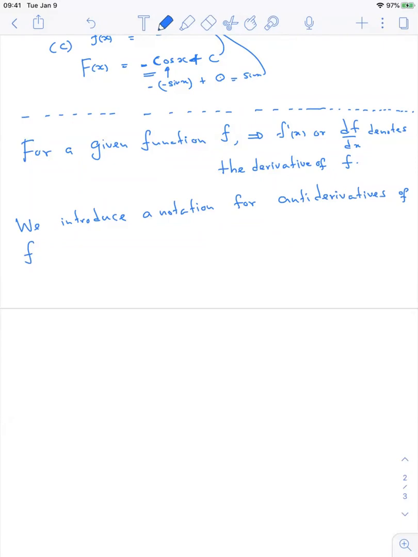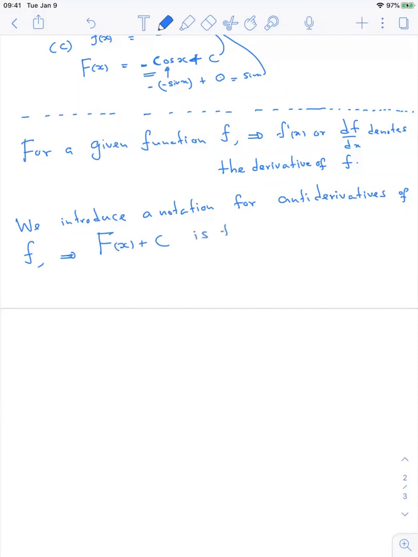Now what we know is that F(x) plus c is the antiderivative of the simple function f, right?